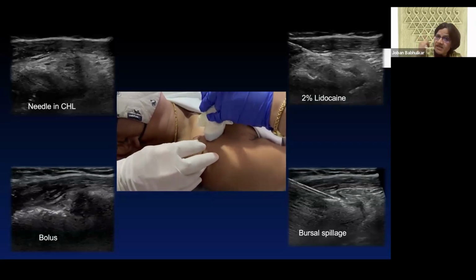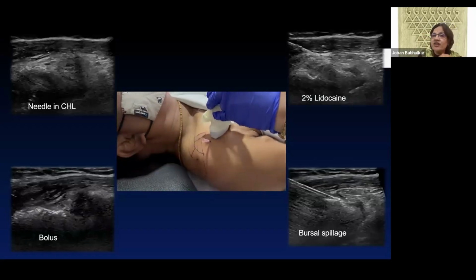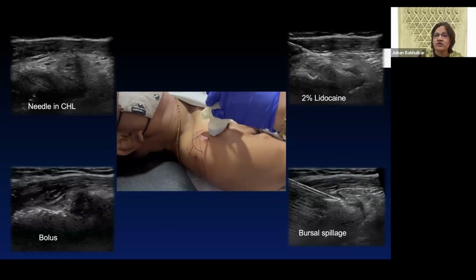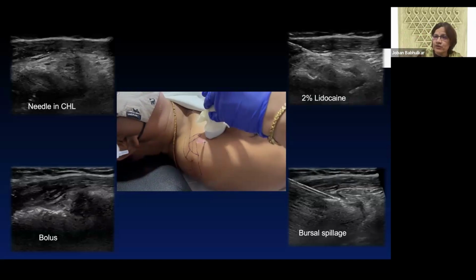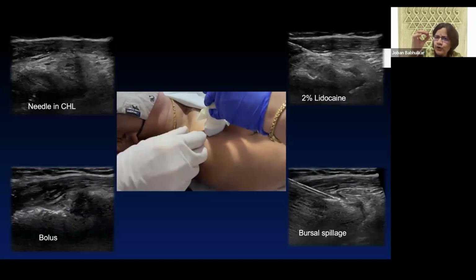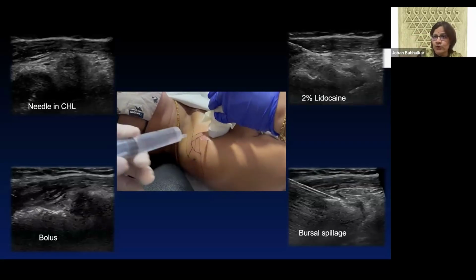Remember that medial to the coracoid process is our brachial plexus. So you do not want to go medial to the coracoid process ever. So you translate the probe on the coracoid process as lateral as you can, but you keep the coracoid process in view because bony landmarks are always very good.